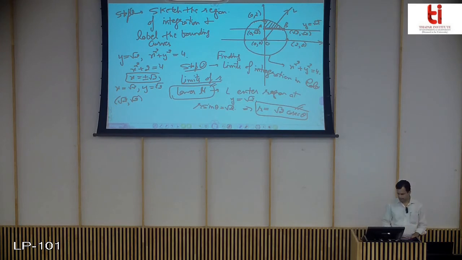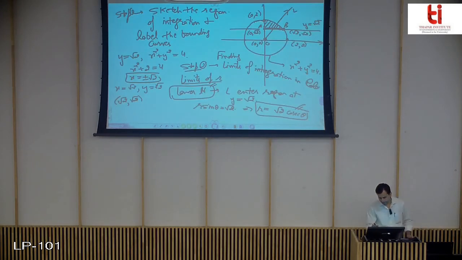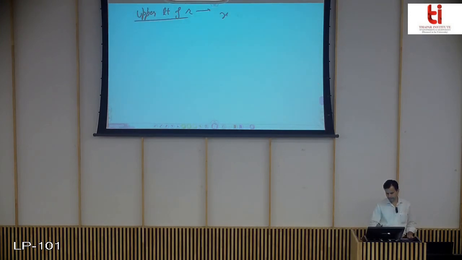Again, for the upper limit of r, you can see the line L always leaves the region through this boundary. This boundary is x equals under root 4 minus y square. Since x is positive, it is x square plus y square equals 4, that is r square equals 4, which implies r equals 2.